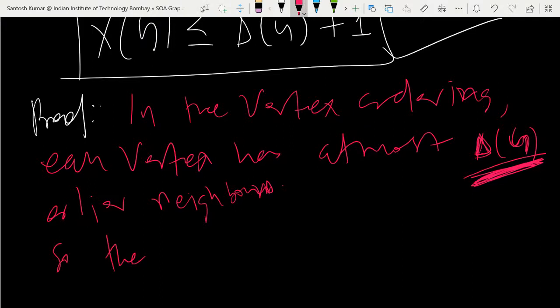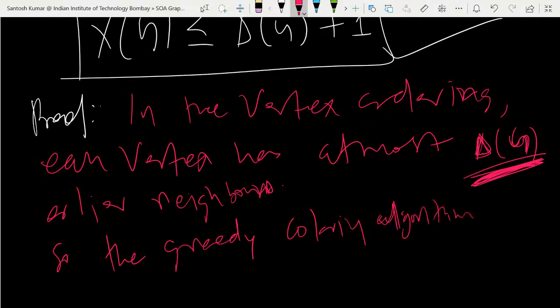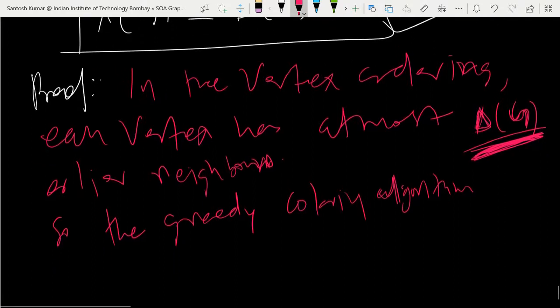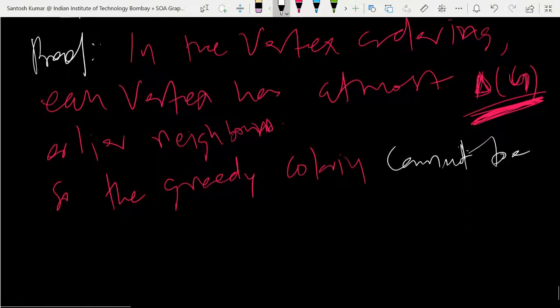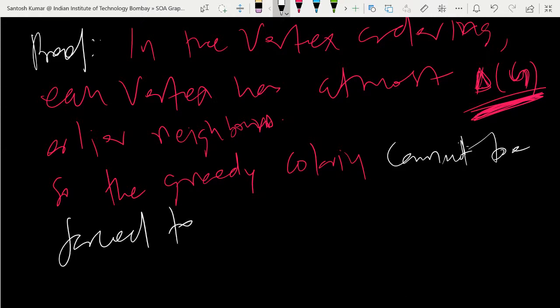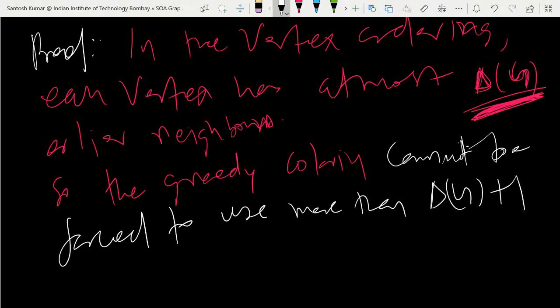So the greedy coloring algorithm cannot be forced to use more than delta G plus 1 colors.